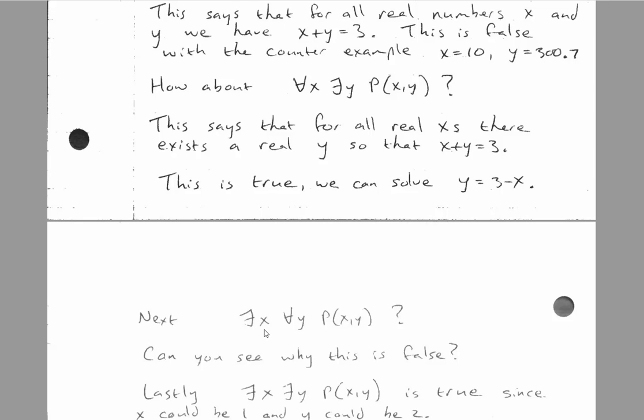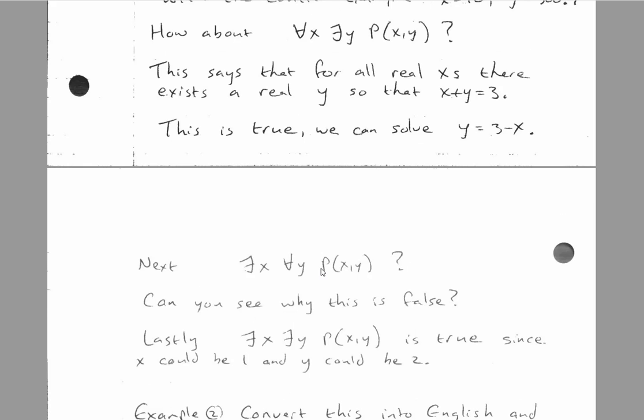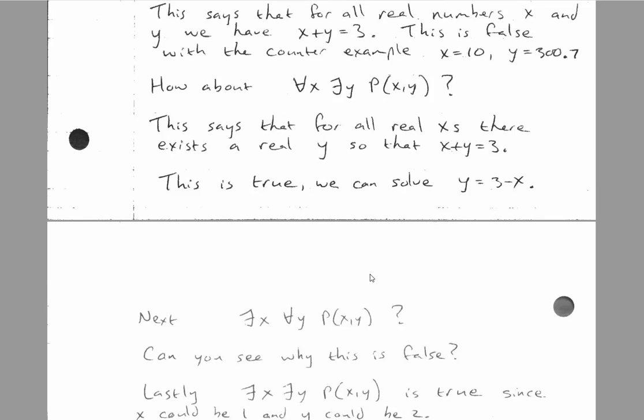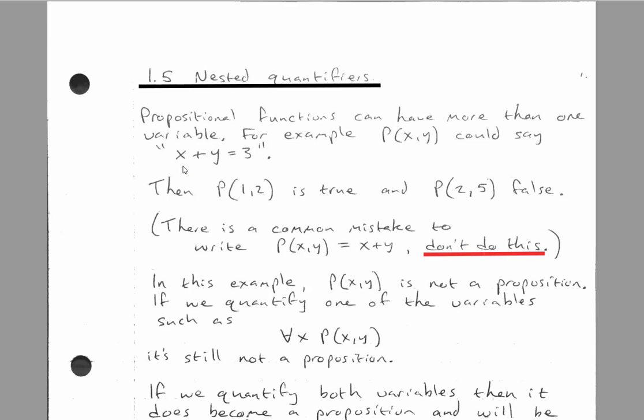Let's switch them. How about this one? There exists an x, so that for all y, p of x comma y. Why is this false? Don't forget, p of x comma y is saying x plus y equals 3.